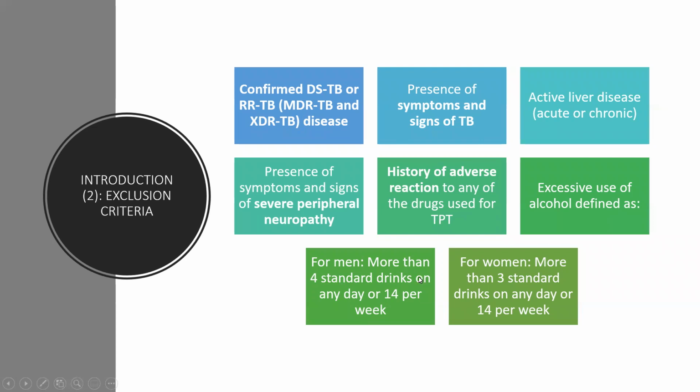For women, it's more than 3 standard drinks on any day or 14 per week. I'm going to explain on my next slide what I mean by standard drinks. But this is what we mean when we say excessive use of alcohol.